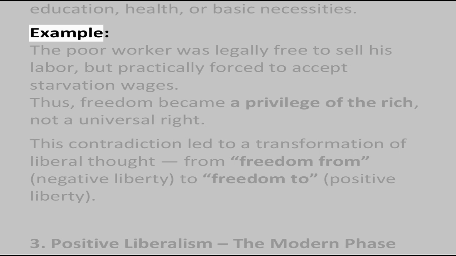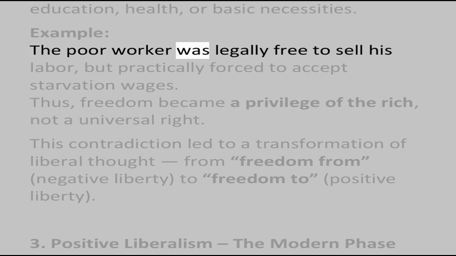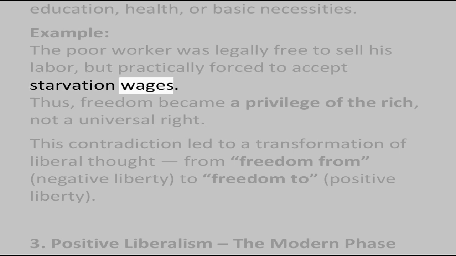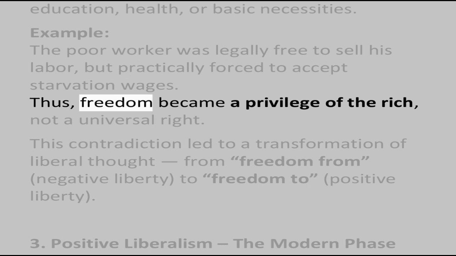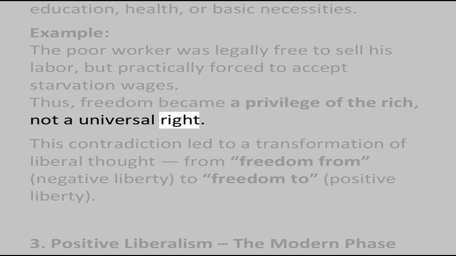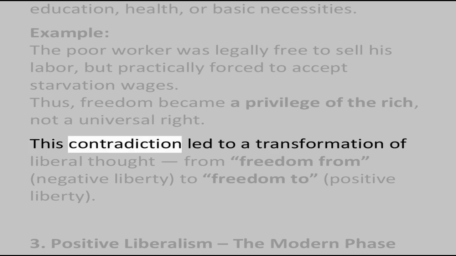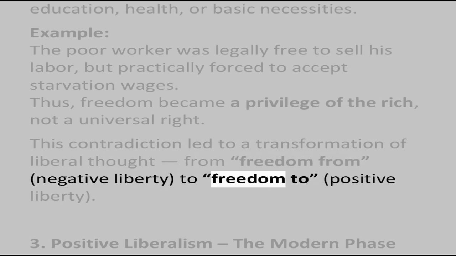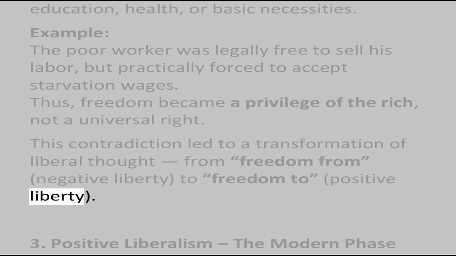Example: the poor worker was legally free to sell his labor, but practically forced to accept starvation wages. Thus, freedom became a privilege of the rich, not a universal right. This contradiction led to a transformation of liberal thought from freedom from, negative liberty, to freedom to, positive liberty.